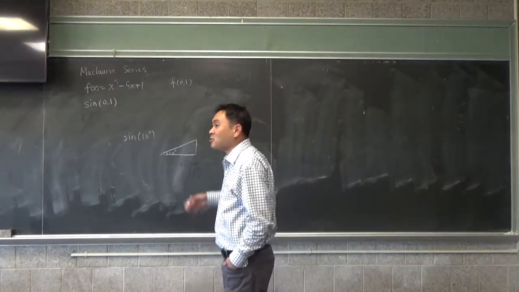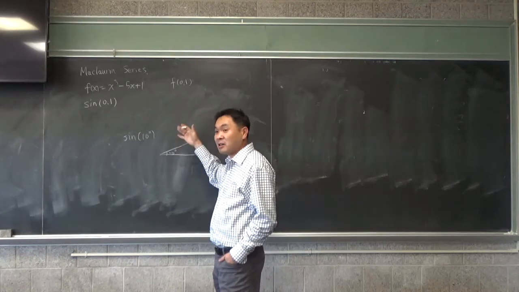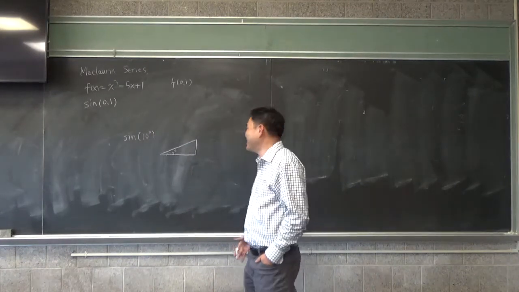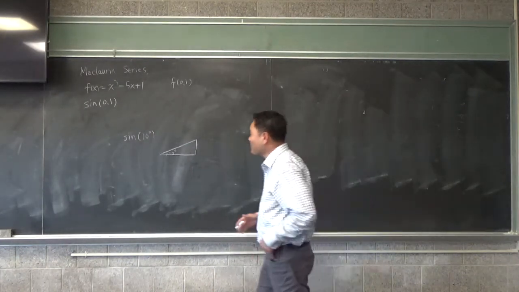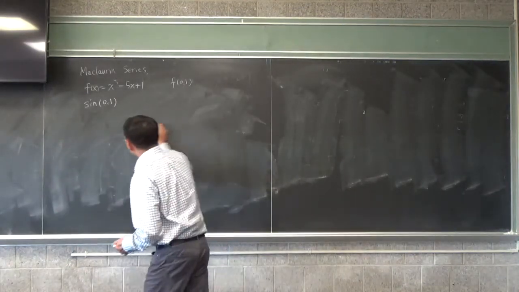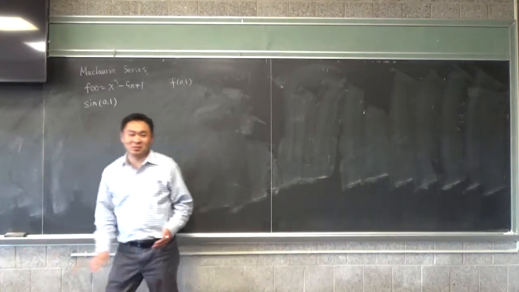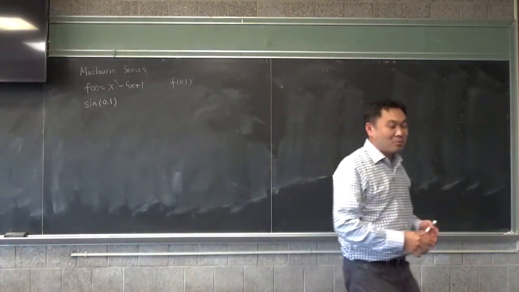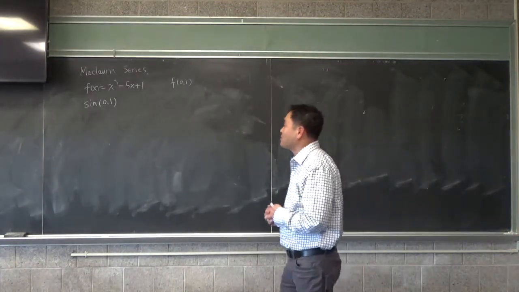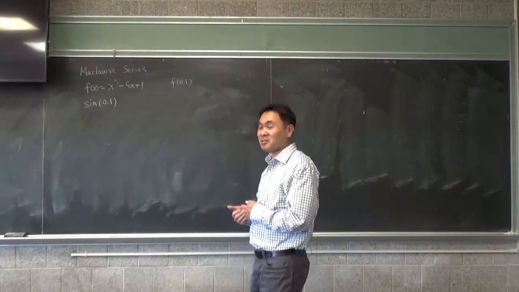And you can actually get the entire trig table by drawing these values. But still, the limitation is that you can't figure out what sine of, say, 0.1 is, because the best you can do is just approximate. That's all you can do, right?